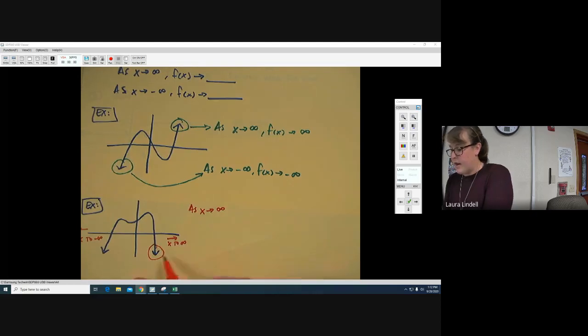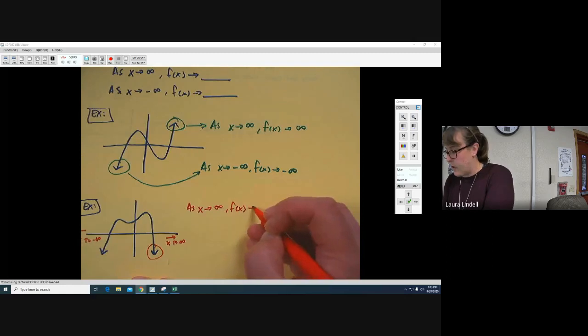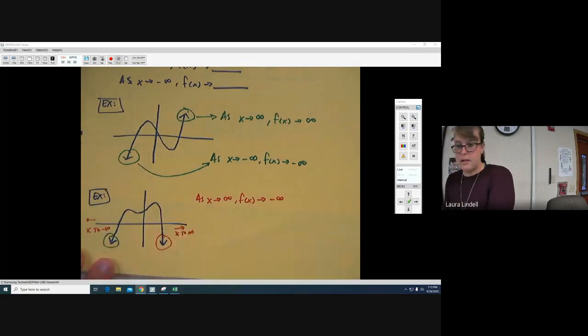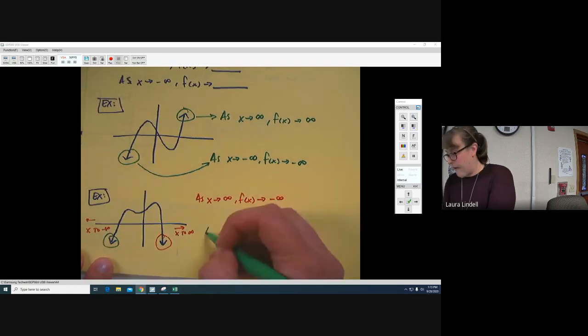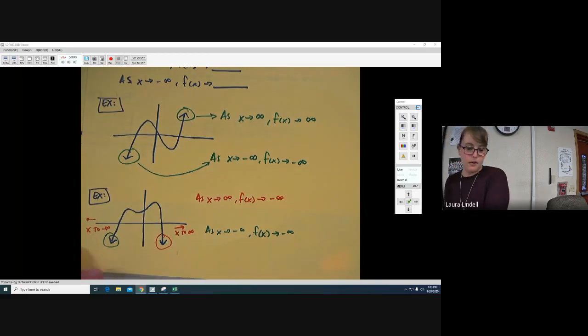So the right end, x is going to infinity, f of x is going to negative infinity since that right arrow is pointing down. Left end, as x goes to negative infinity, f of x is also going to negative infinity since that arrow is pointing down as well.